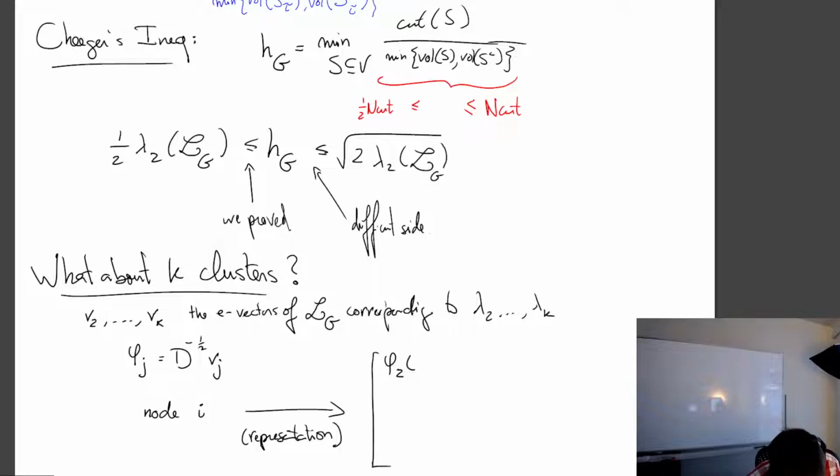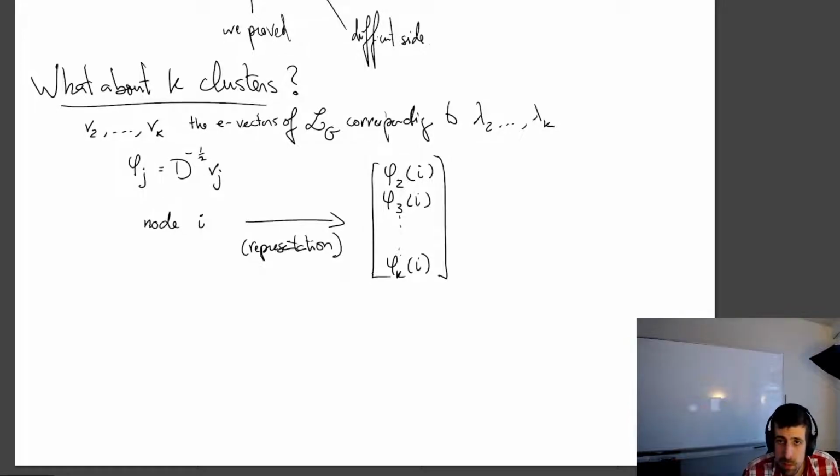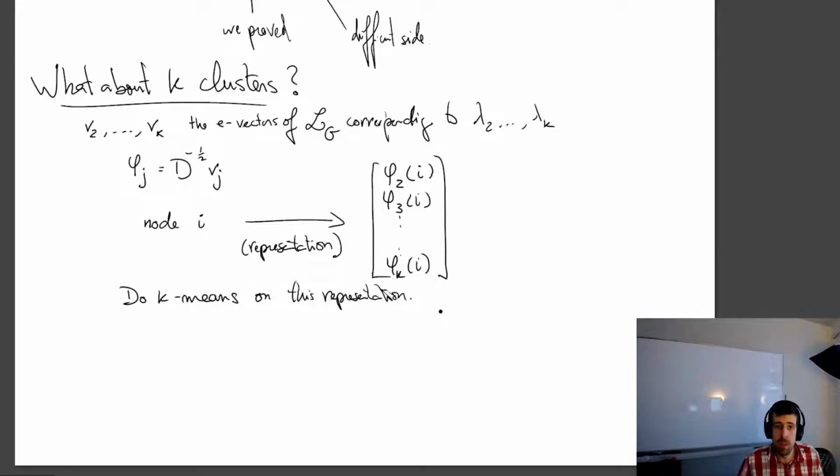So node i is represented by entry i of phi 2, entry i of phi 3, and so on. Take this representation and then do k-means on it. And that's it. This is spectral clustering.